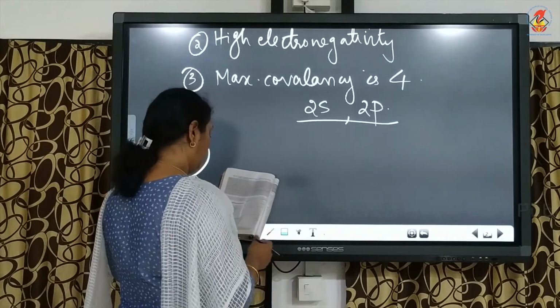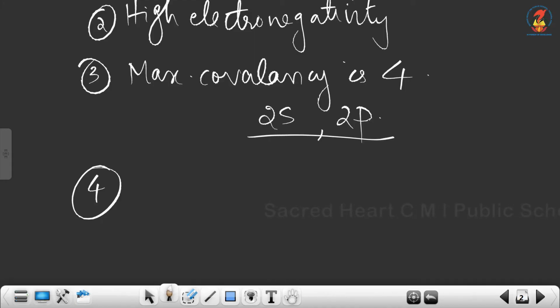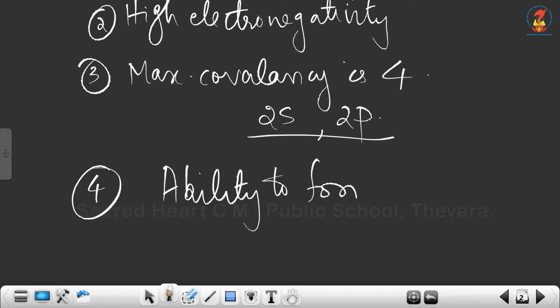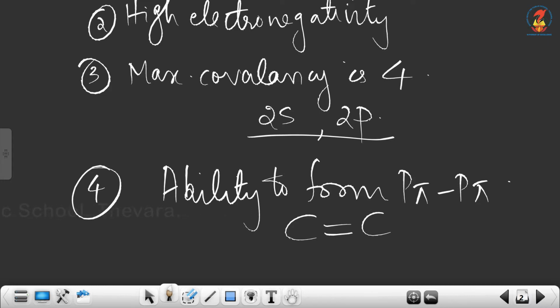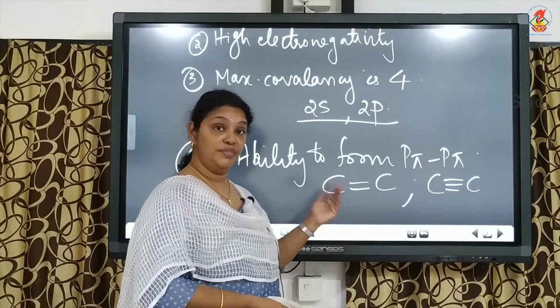Now the next and the last reason for the anomalous property is the first element has the ability to form p pi multiple bonds to itself. You have learned in organic chemistry, carbon can form double bond with carbon, then carbon can form triple bond with another carbon atom. One bond is called pi bond, which is formed by p orbitals, which you will learn later.